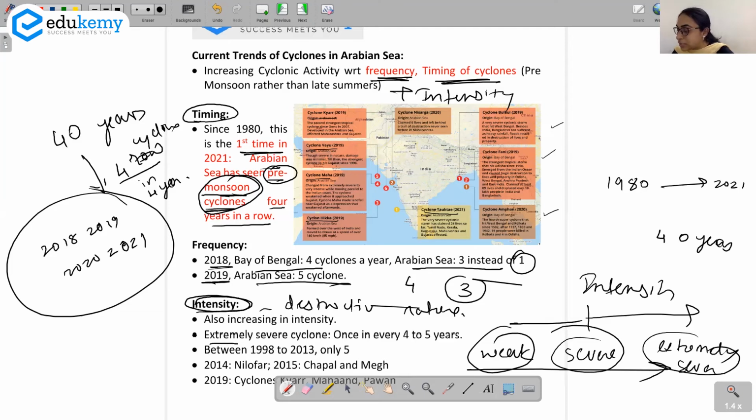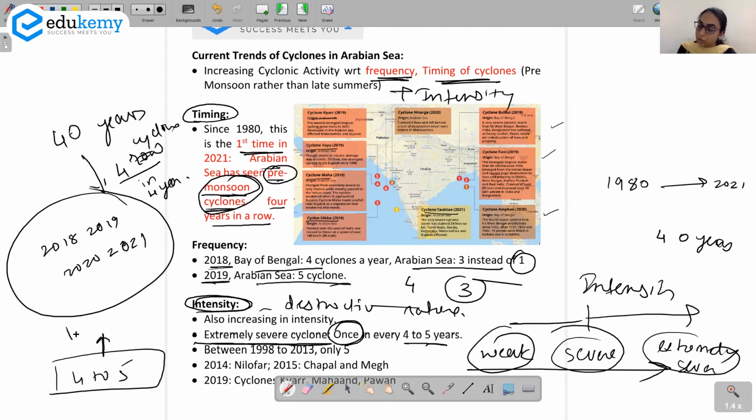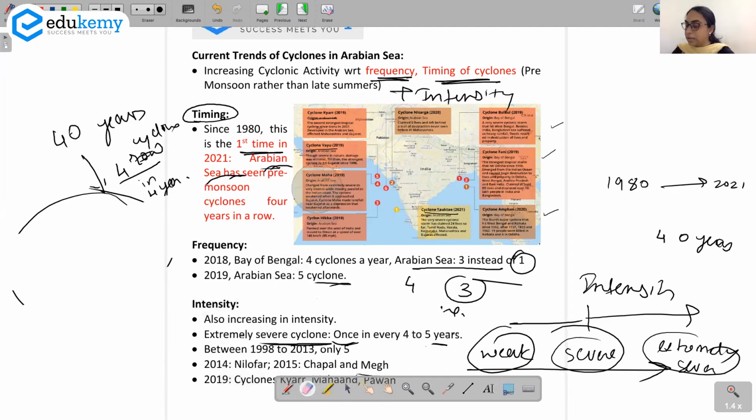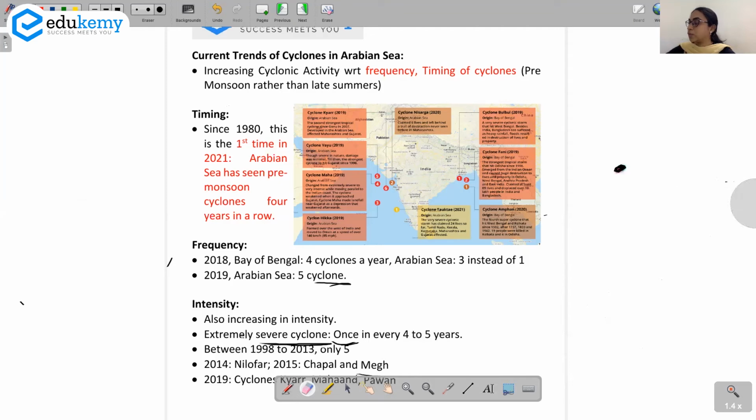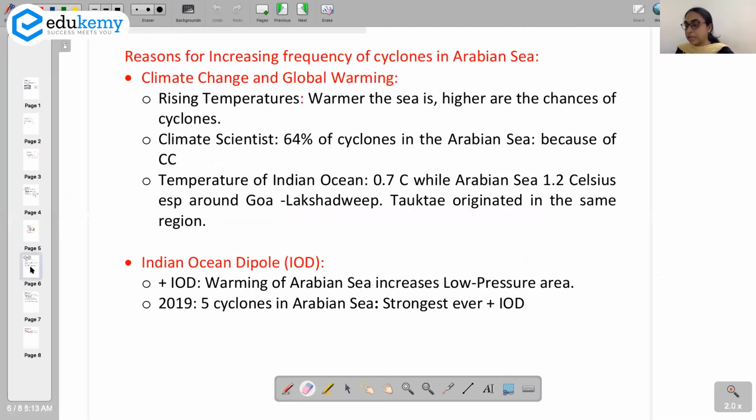Extremely severe cyclones are being witnessed: out of the last 4 to 5 years, one cyclone has been extremely severe, like the examples of Nilofer and May. These are extremely severe cyclones. So this is about the destructive nature of the cyclone.